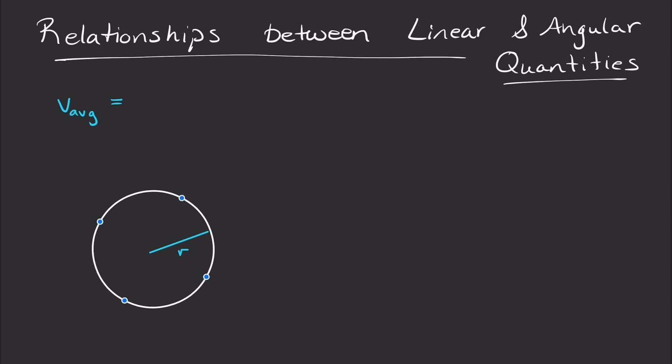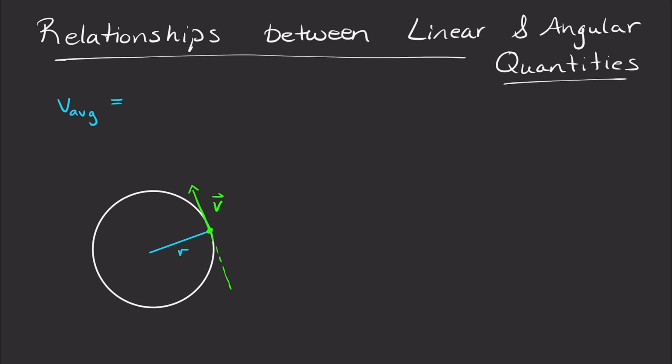And we know from kinematics that our linear velocity at any point during our motion is tangent to our trajectory or tangent to our path, meaning it's just going to touch the path at one point. So if you're trying to draw the slope at the point where you are in the path, that is the direction of your velocity. So your velocity is tangent. That means that this distance that you're traveling is going to be the arc length.